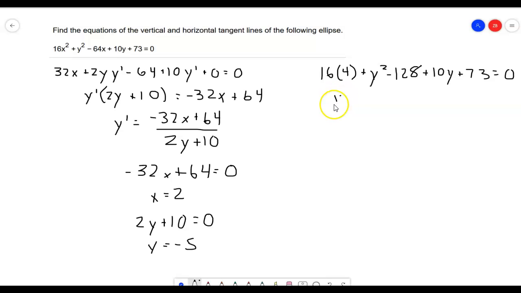So this becomes a quadratic, y squared plus 10y.